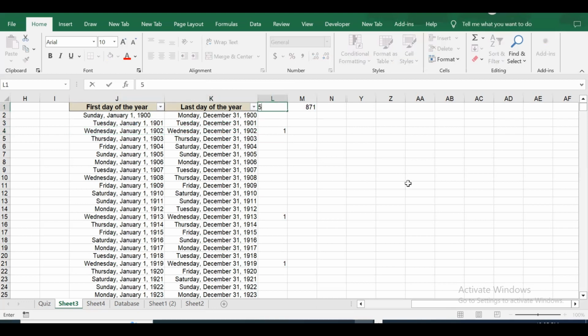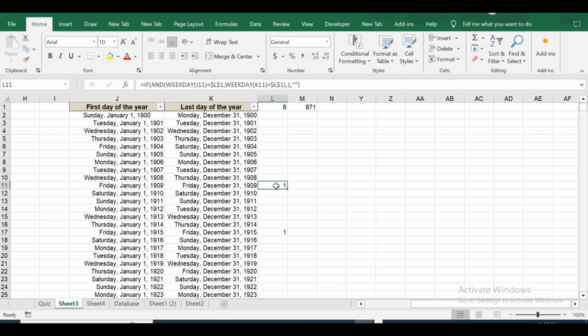Let's go to the 5th: 891, the same as Tuesday. This is Thursday, Yom al-Khamis. And the final one is 6, that is Friday. So 871 years in the Excel system start and end on Friday.